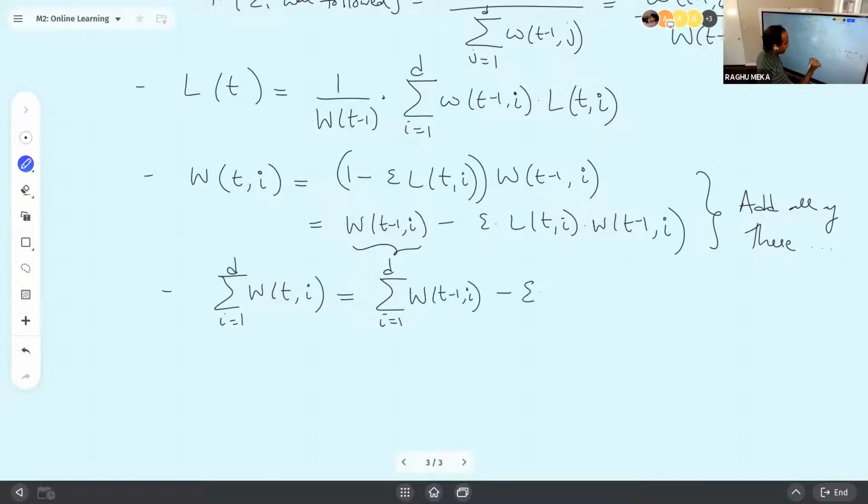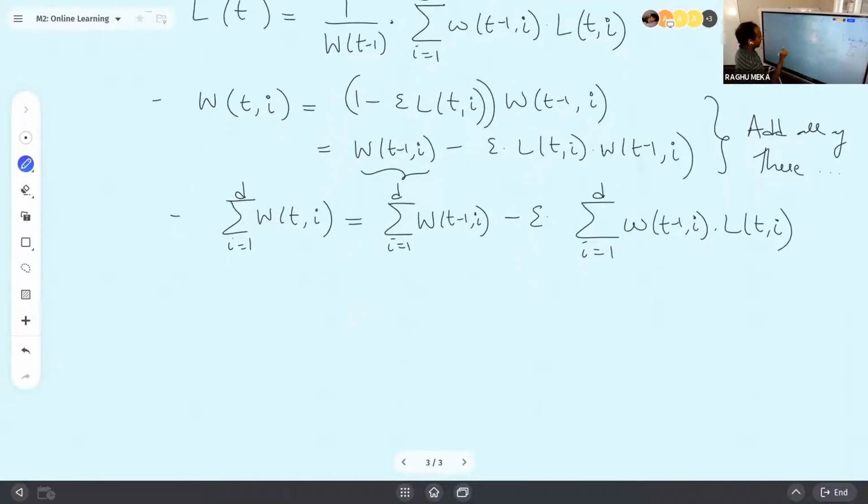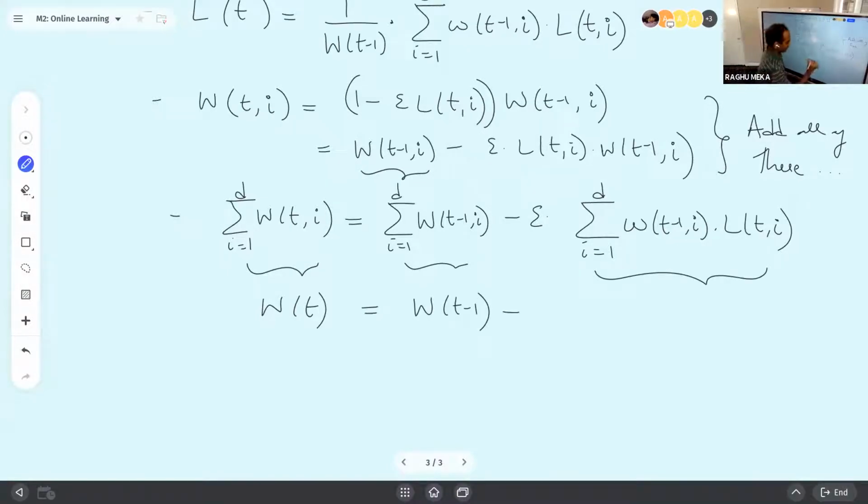And then minus epsilon times... okay, I added up everything. And now this is just the total weight on the previous day, and how about this one? We know exactly what that is. It's exactly the total weight on the previous day times the loss that I incurred on day t.